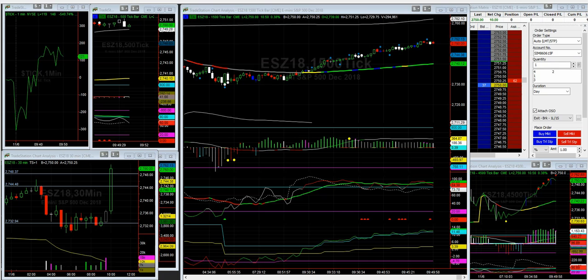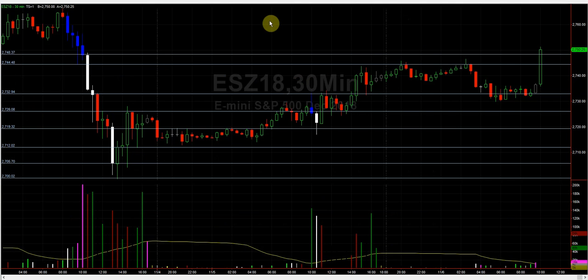So we're looking to see now it's penetrated on the 30-minute. It's penetrated that particular resistance area again, and now we look to the left over here.